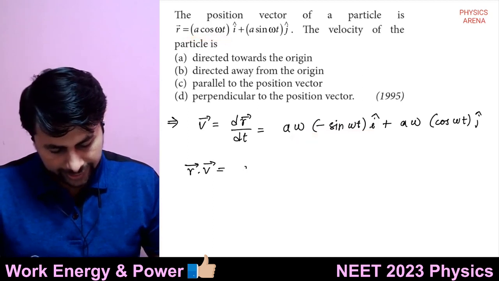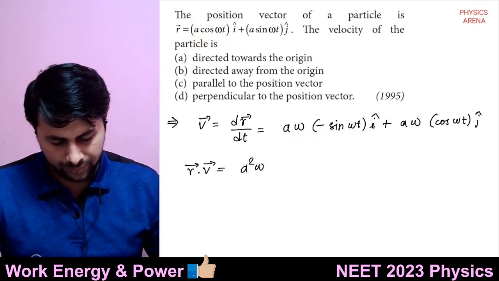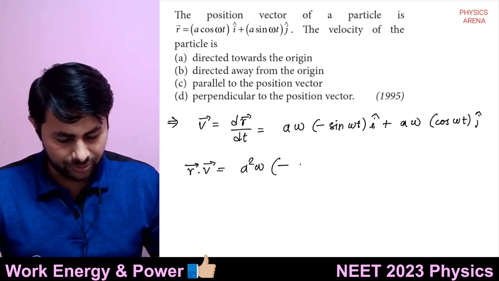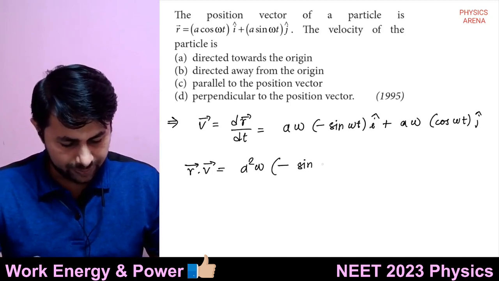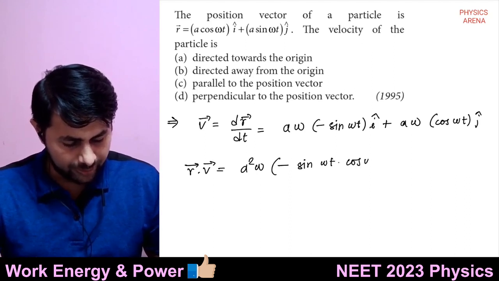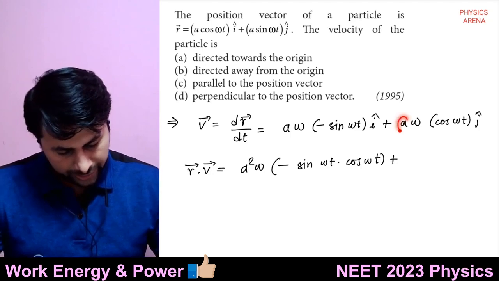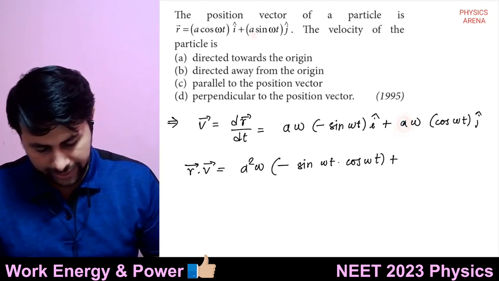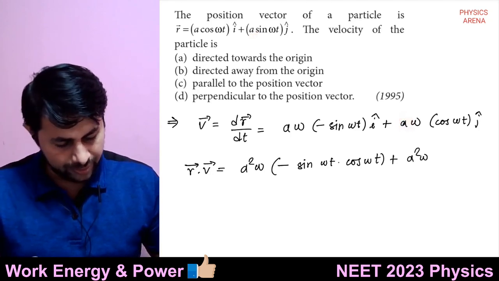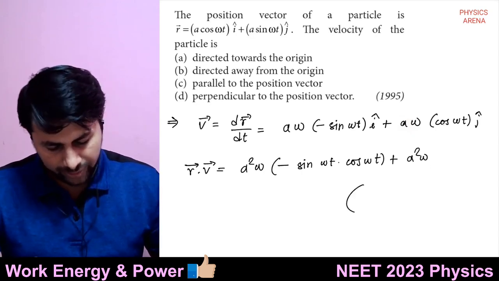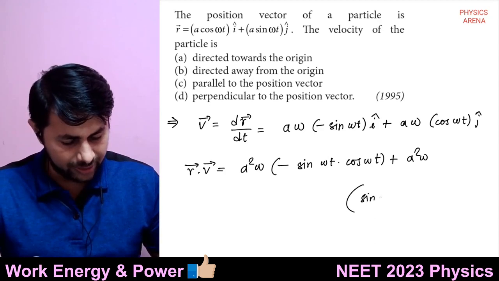It is a square omega multiplied by minus sine omega t into cos omega t, plus a square omega multiplied by cos omega t into sine omega t.